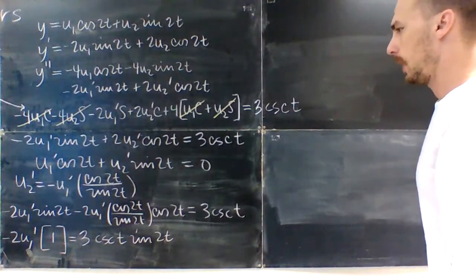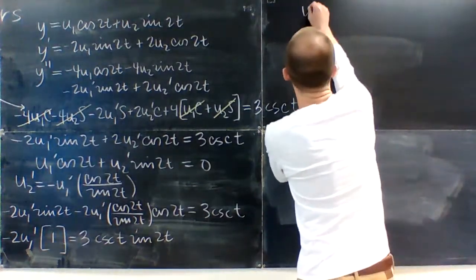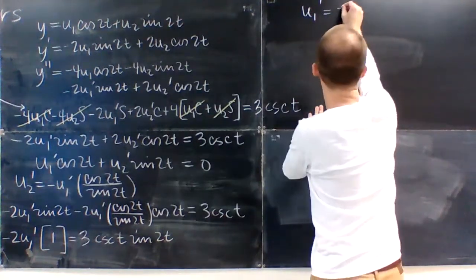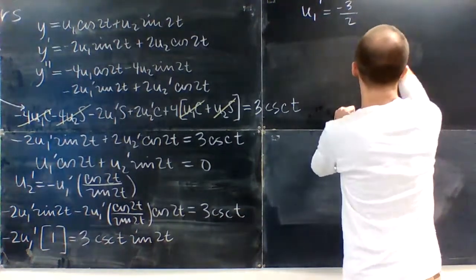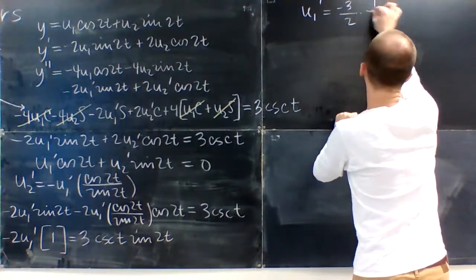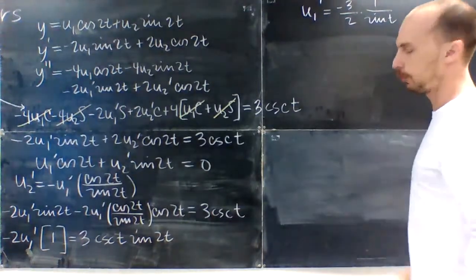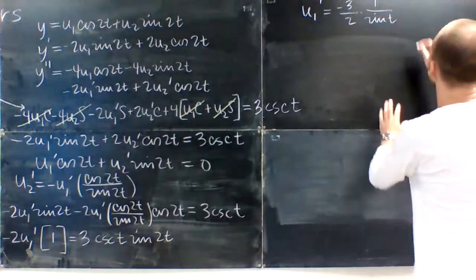So maybe I'll just solve for u1 prime. That's going to be negative 3/2 times cosecant t, which is 1 over sine t, times sine of 2t. And sine of 2t is 2 times the sine of t times the cosine of t.